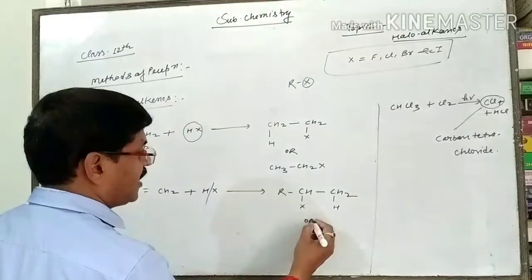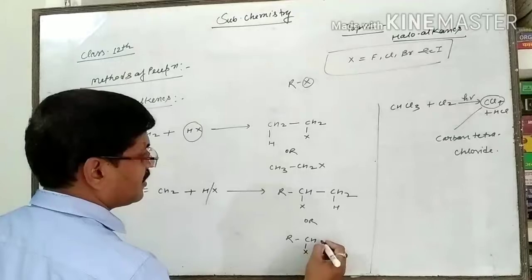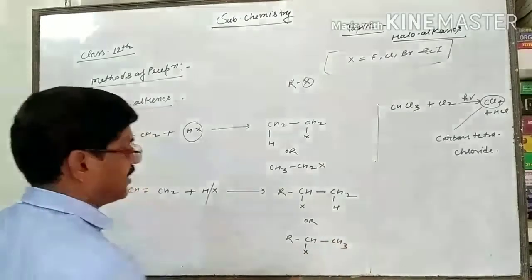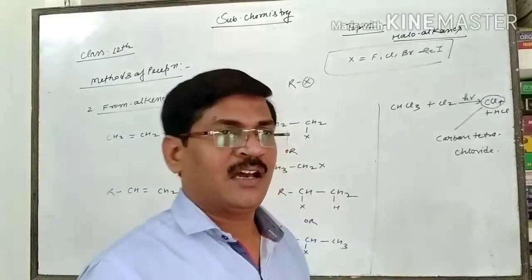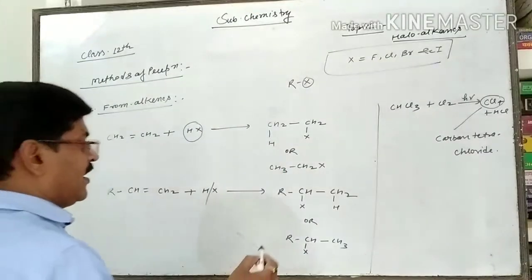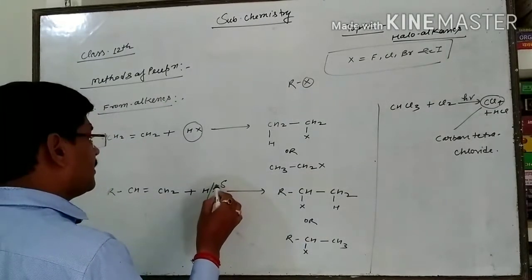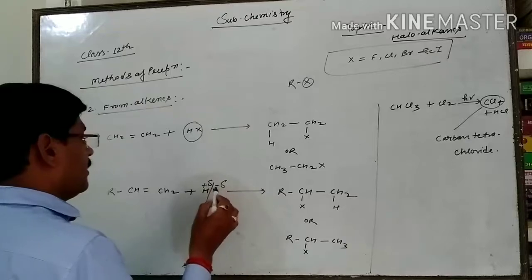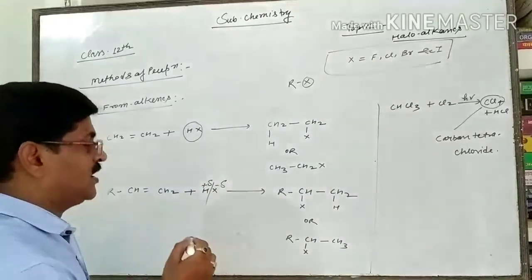I can also write this as RCHX-CH3, and this is also an alkyl halide. But the difference in these two: the HX breaks as a negative ion and a positive ion.